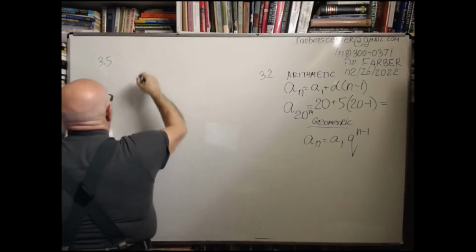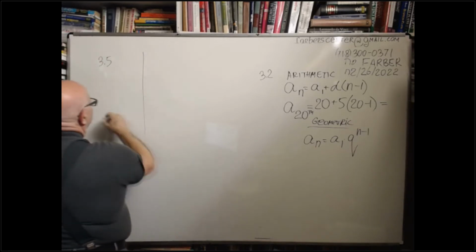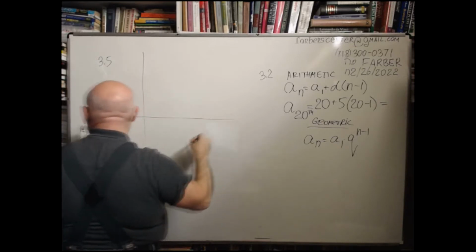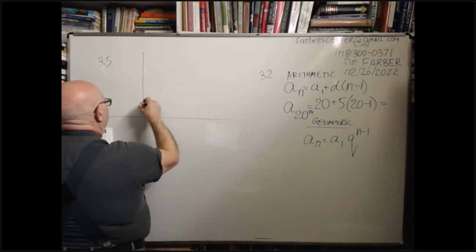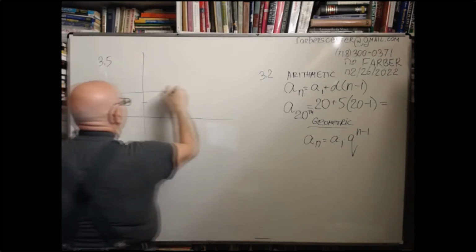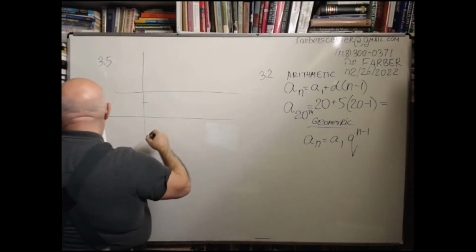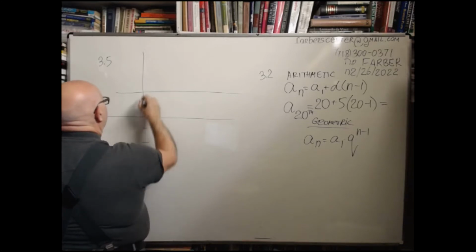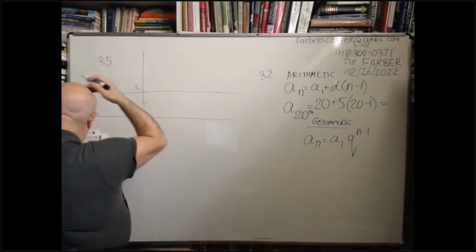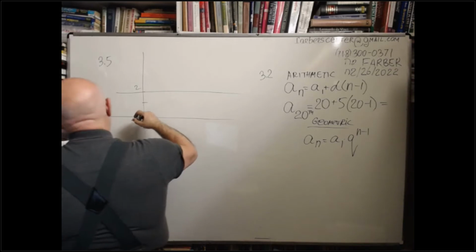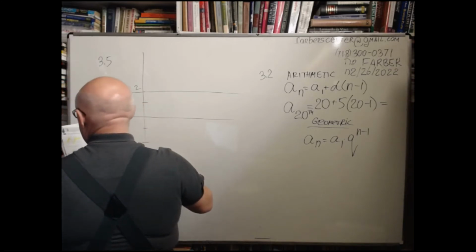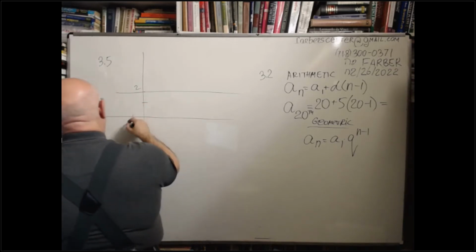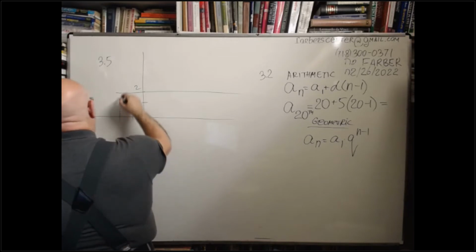In 3.5 you have a Cartesian coordinate system. I make this 1, this 2, and this -2, this 2. This is schematic.